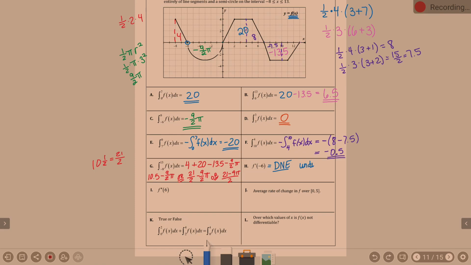What's the reasoning? Because there is a cusp, hard point, sharp point, etc. Now, we were looking for the slope at x equals -6. The slope just wasn't happening.